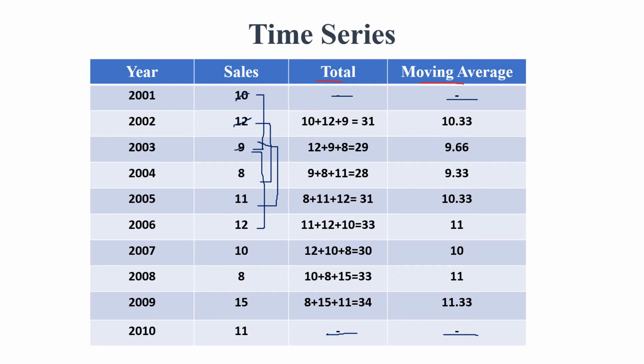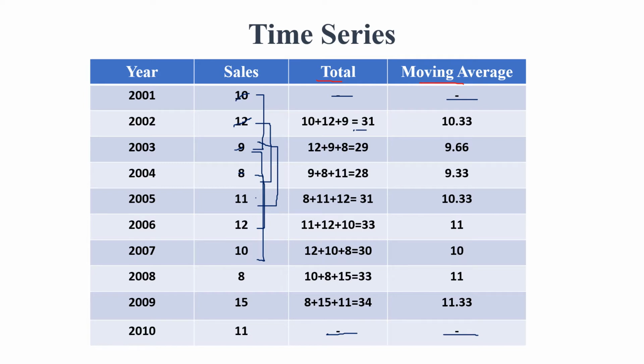So we skip one year and go ahead with the next. As it is, one by one, we are going to take the years and calculate the totals over here.